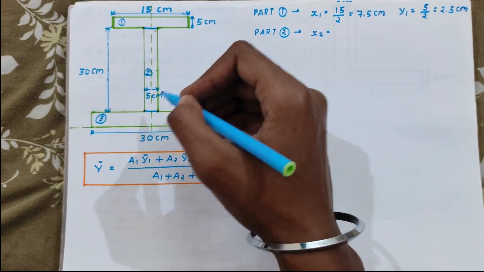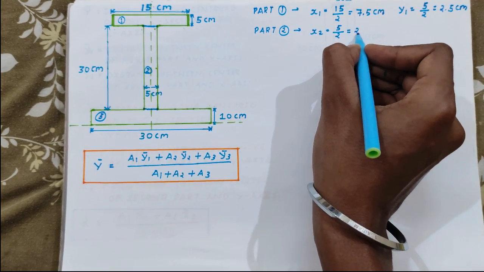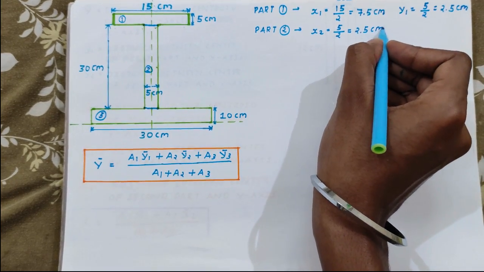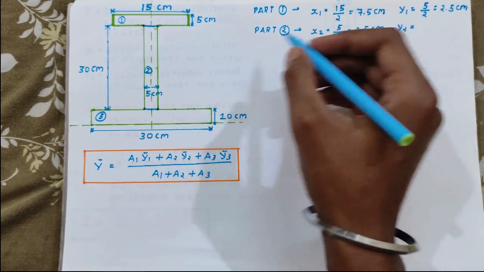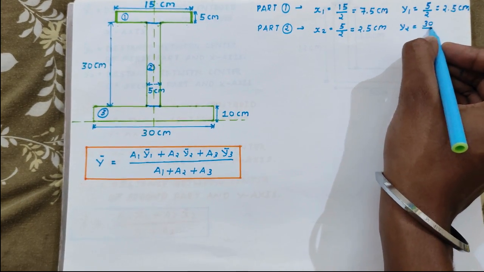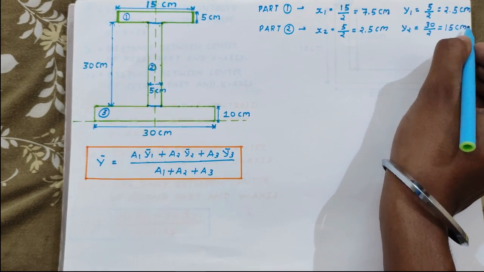Now for part 2, x2 is equal to 5 by 2, 2.5 centimeter, and y2 is 30 by 2, 15 centimeter.